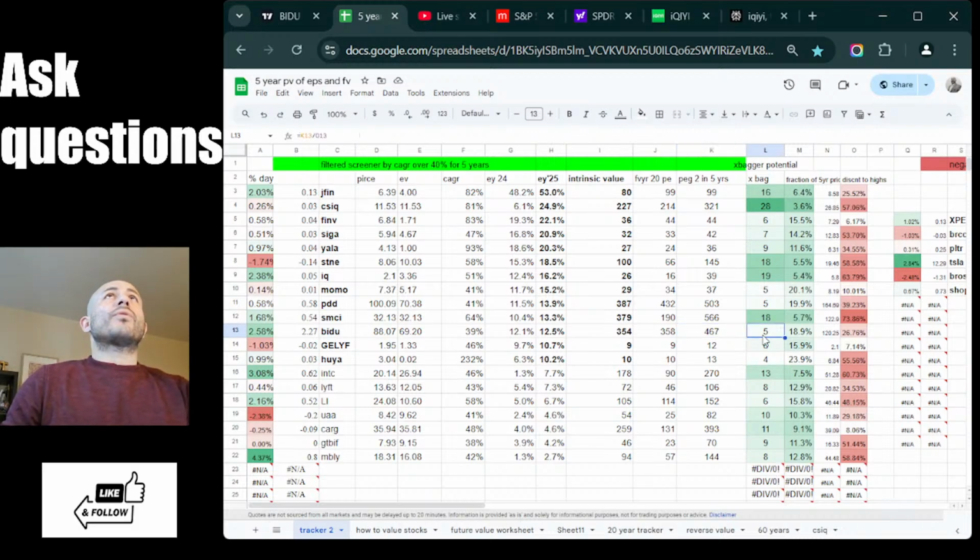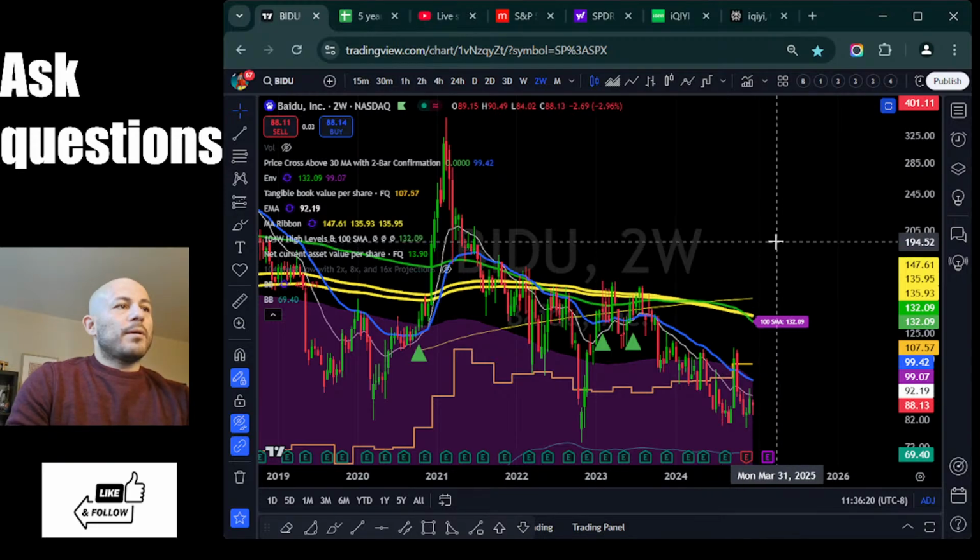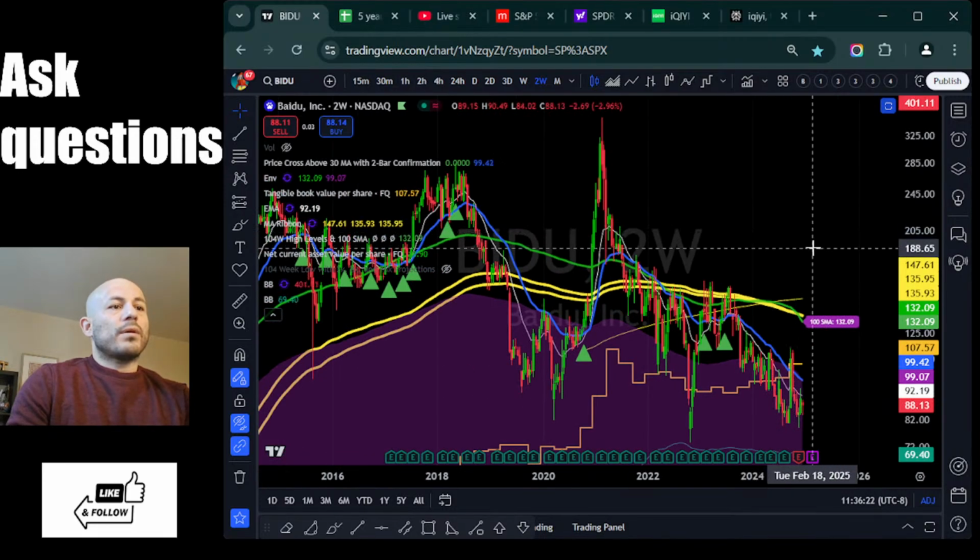If you bought Apple in 2008, it went up 8x in 8 years and 64 times your money in 16 years. So 5x in 5 years is fantastic. The earnings yield on Baidu is 12.1, and the next year is 12.5. So it's a value stock. You have to look at Baidu if you're looking at IQ, because Baidu owns a big chunk of IQ.